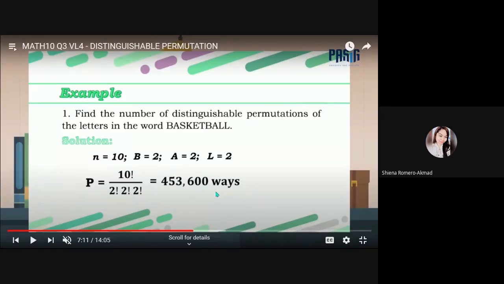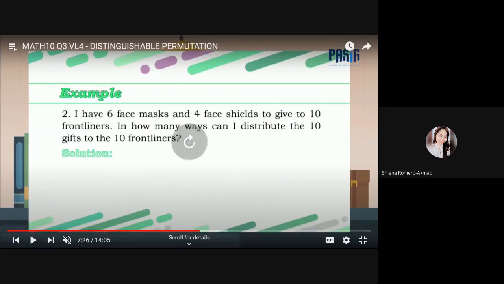So in solving this kind of problems, it is better for you to have a scientific calculator, even sa phone nyo, or kaya naman sa tablet. So sa tablet kayo magsagot ng worksheet nyo at ng quiz nyo, sa phone kayo mag-calculator. Pwede yun. Now, let us have another example.